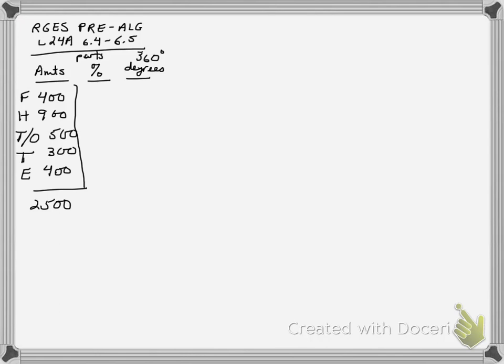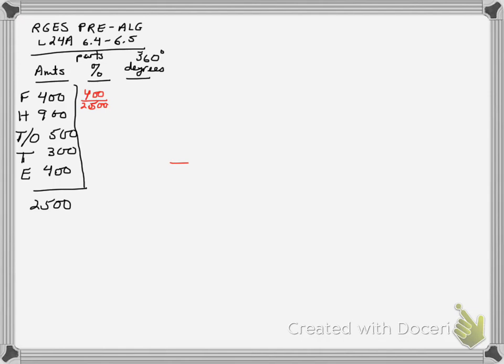Here I'm going to need to multiply, or actually divide, the part. Let me get so I can write this, hang on. Okay, there we go. The part divided by the whole, that's 2,500, and you're going to convert that to a decimal.